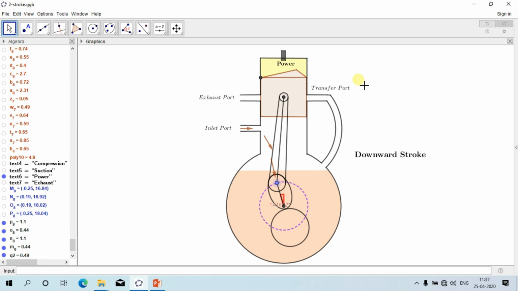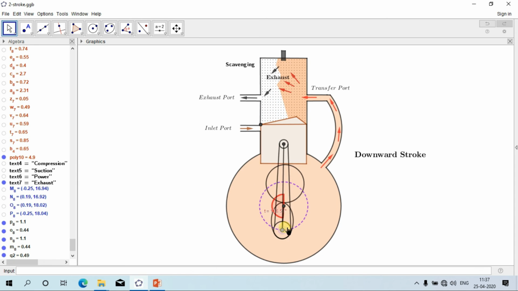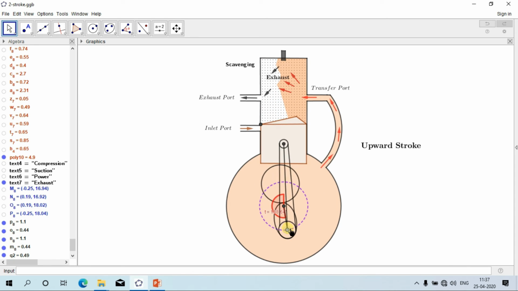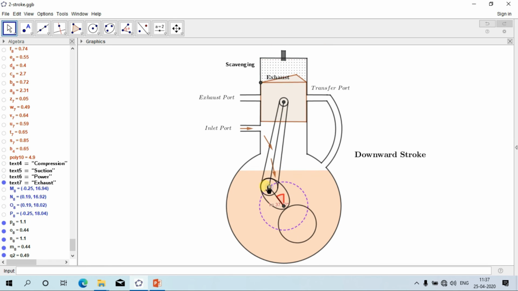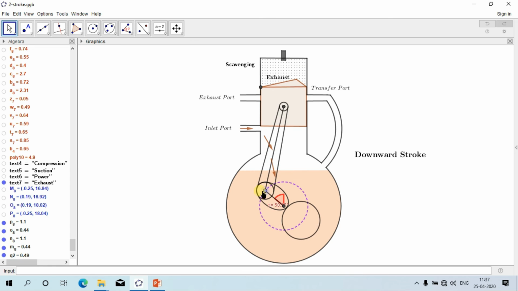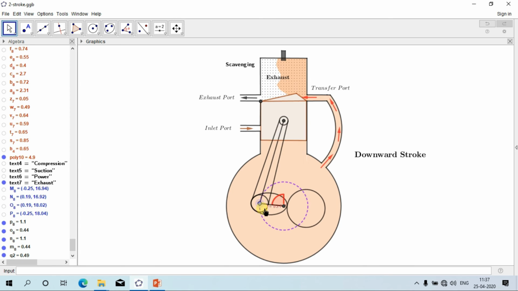That is why the name is given as two-stroke engine. The first stroke is, you can say, the upward stroke, while the piston is moving from bottom dead center to top dead center. In the upward stroke, suction and compression will be going on simultaneously, while in the downward stroke, power and exhaust processes will be going on.